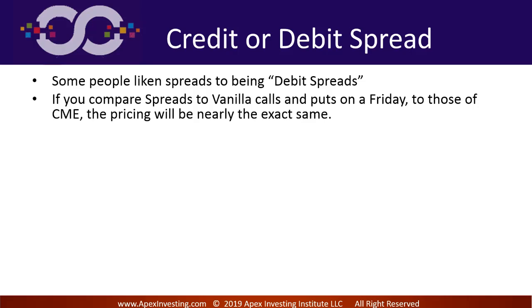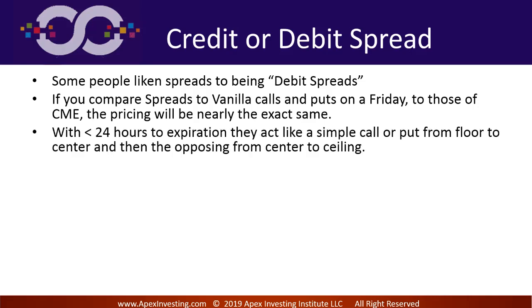I don't know why they call it a call spread, there really is no good reason to call it a call spread, but anyways, it's just a spread. Okay, it's a vertical spread. If you compare spreads to vanilla calls and puts, again, they're the same price. They expire on the same day, same strikes, all that stuff. Within less than 24 hours to expiration, they act like the pricing of a simple call or put from the floor to the center, and then the opposite from the center back to the ceiling.